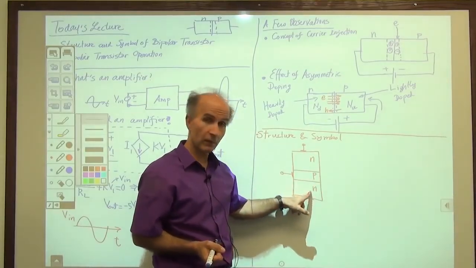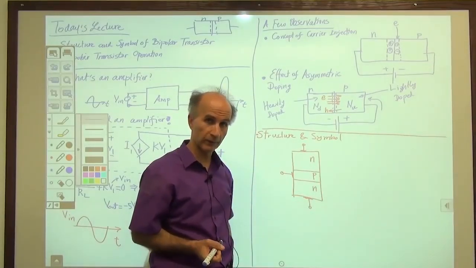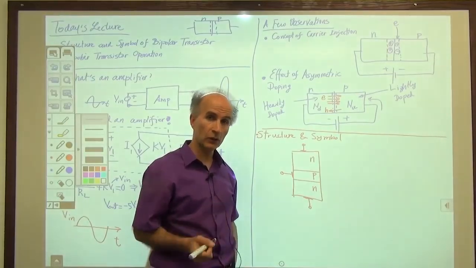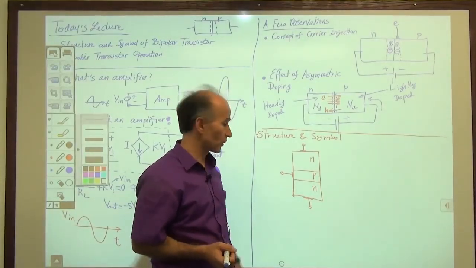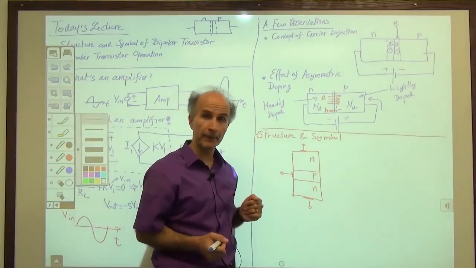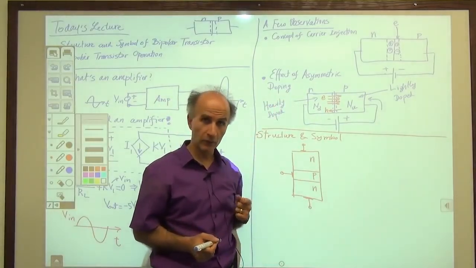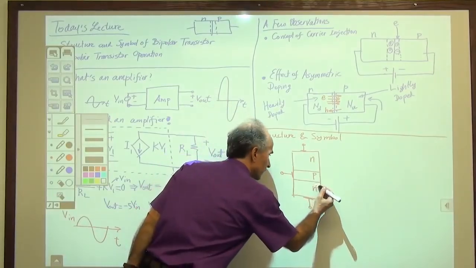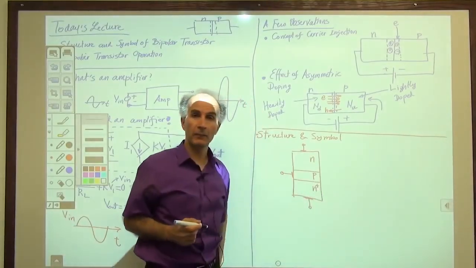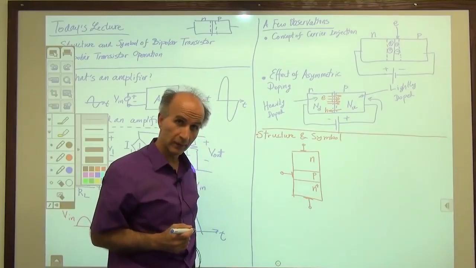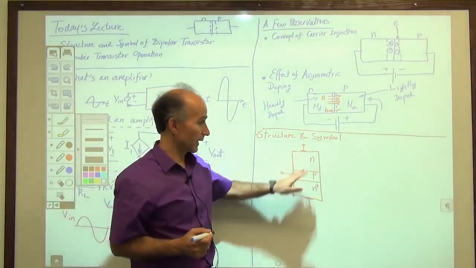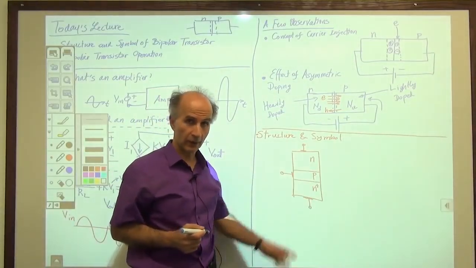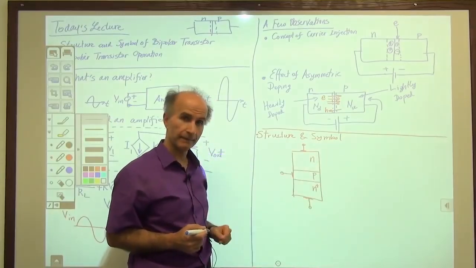So the bottom N section will be heavily doped. Now, how do we make sure that we don't get confused? Do we just write heavily doped every time? Well, we have a little symbol to make sure that people understand. So I will put a plus here, and that means this is heavily doped. So obviously you can see that the device is no longer symmetric around this axis.